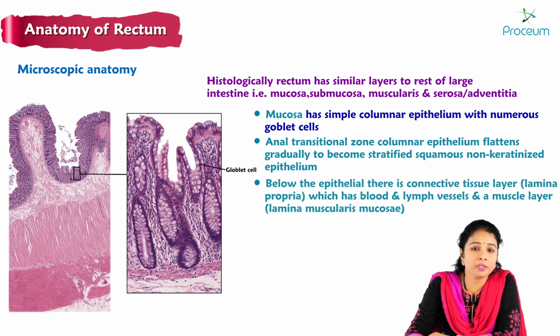So below the epithelium there is a connective tissue layer called lamina propria, which has blood and lymph vessels, and a layer of muscle called muscularis mucosae or lamina muscularis mucosae.